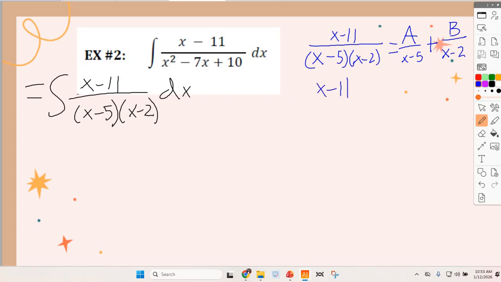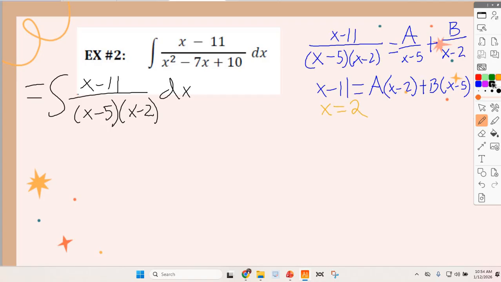Okay, so it's not really going to change our process, but we are going to have to plug into that X. Equals, and we would be left with an A times X minus 2, and then a B times X minus 5. So what might be a convenient X value to pick first?